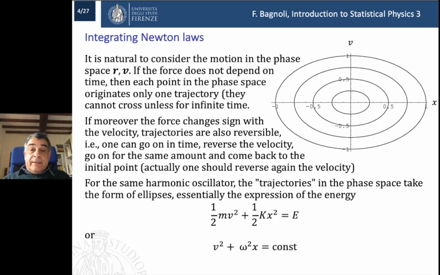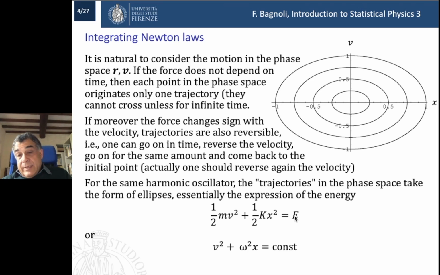Okay, so let's come back to the original harmonic oscillator. In this case, we know how the trajectory should appear in the phase space. They are ellipses because essentially they are the expression of the energy, kinetic energy plus potential energy, which is constant.